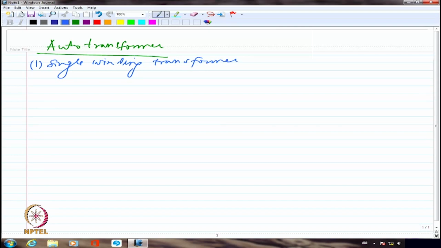But this is non-lossy. There is no loss. That means there is no resistance loss in this particular apparatus. So what we are actually looking at is maybe to step up or step down the voltage or obtain an output voltage which is slightly different from the input voltage.